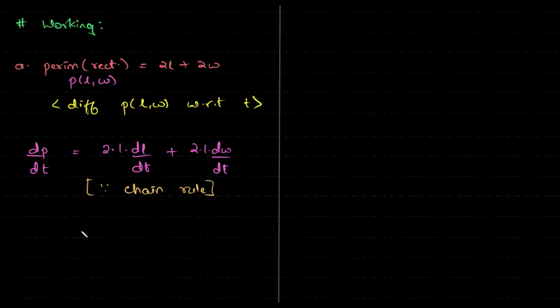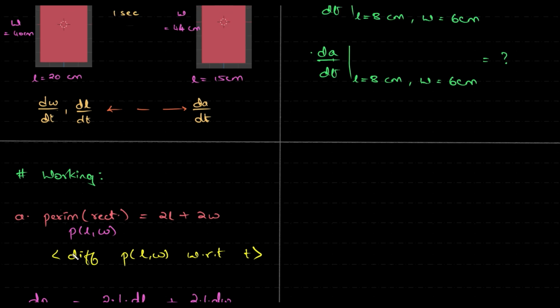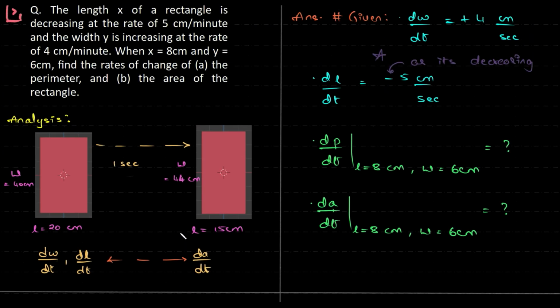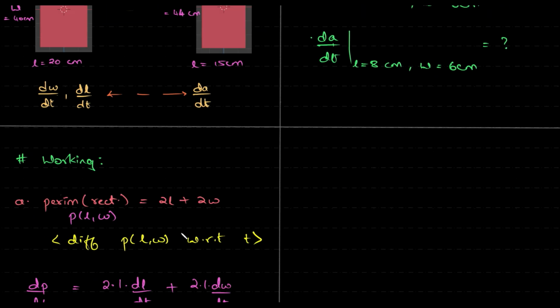I'll directly do it because it's not that hard. Length is 8 and width is 6. So we have 2 into 1, there's no L and W, but dl by dt is minus 5 and dw by dt is 4.